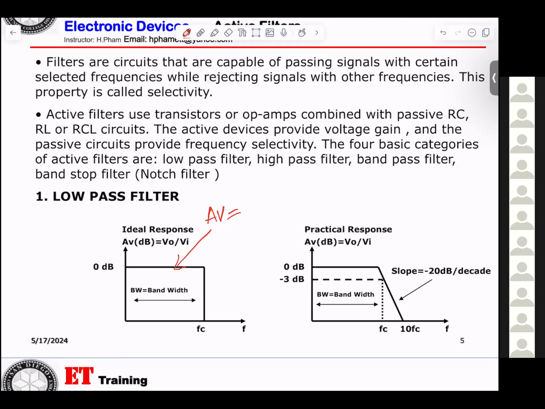When they say AV, that means voltage gain equal to 0 dB. We don't want that. We want the numerical value.